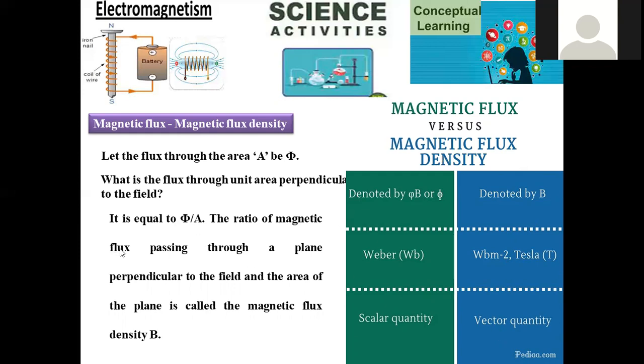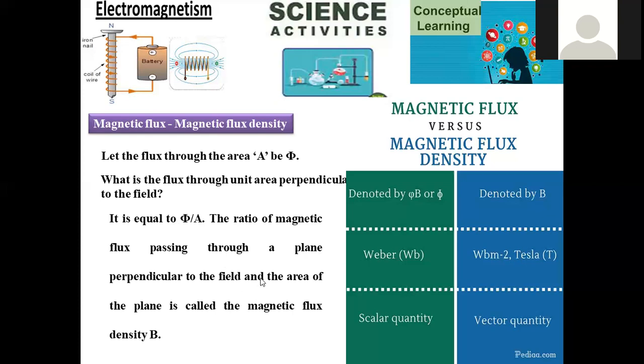The ratio of the magnetic flux, which is phi, moving through the plane perpendicular to the area, denoted with A. So here it will be the ratio phi by A. Phi is called magnetic flux. This ratio phi by A is taken as the magnetic flux density.